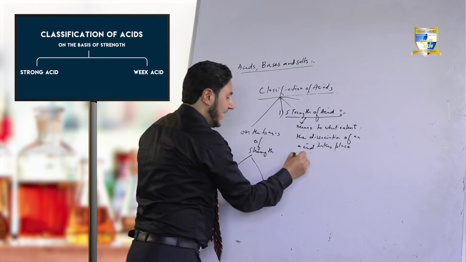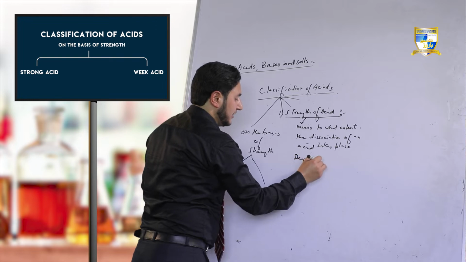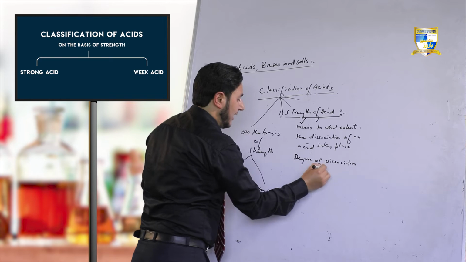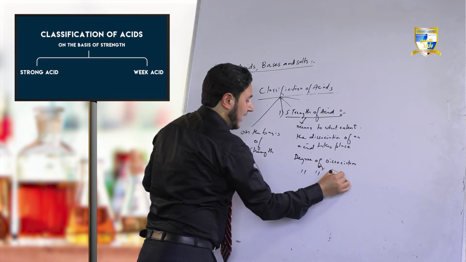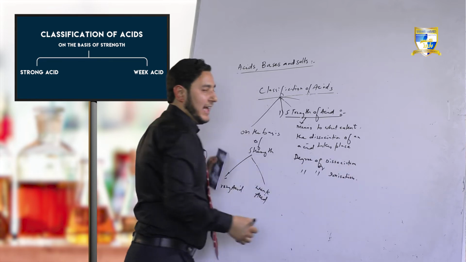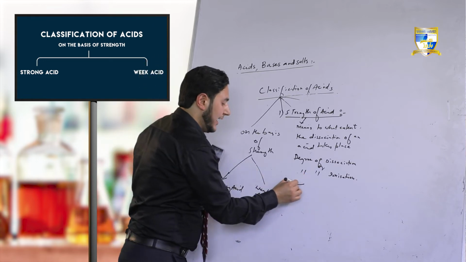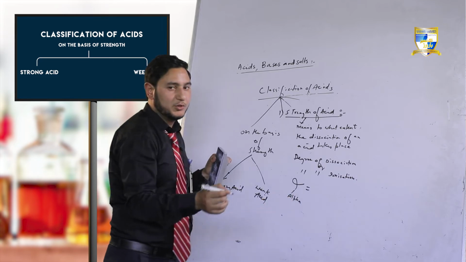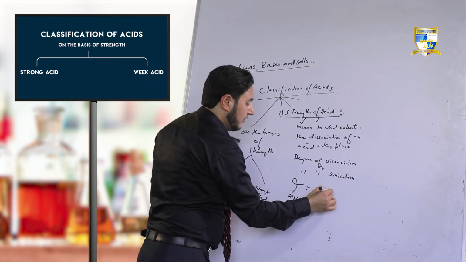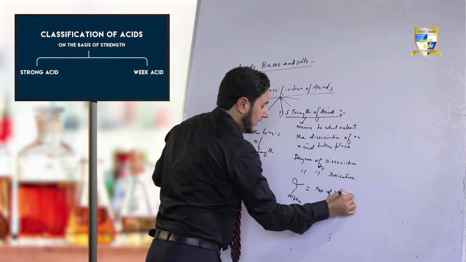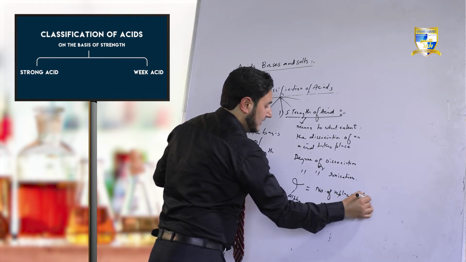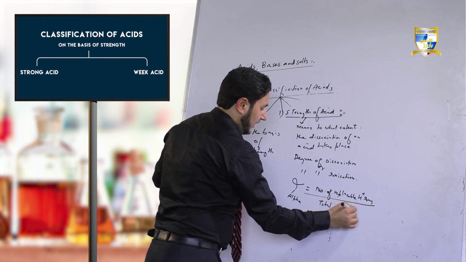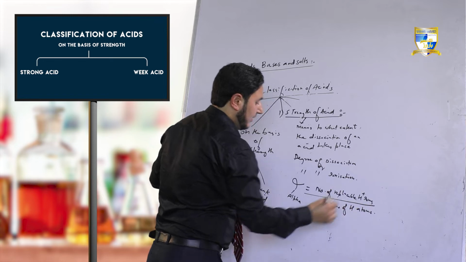It is also called degree of dissociation, or sometimes it's also called degree of ionization, and it is represented by a symbol alpha, whose value is equal to the number of replaceable H positive ions upon total number of hydrogen atoms present in that acid.